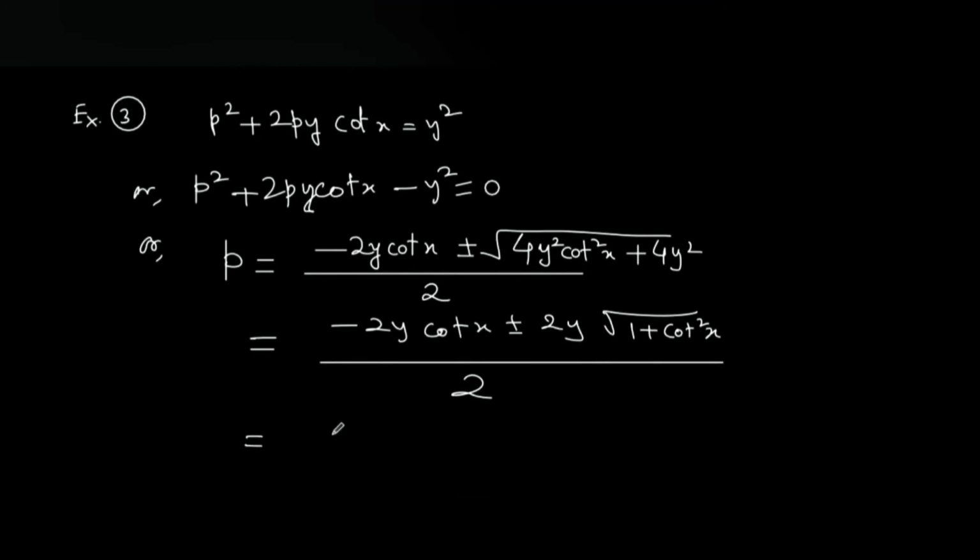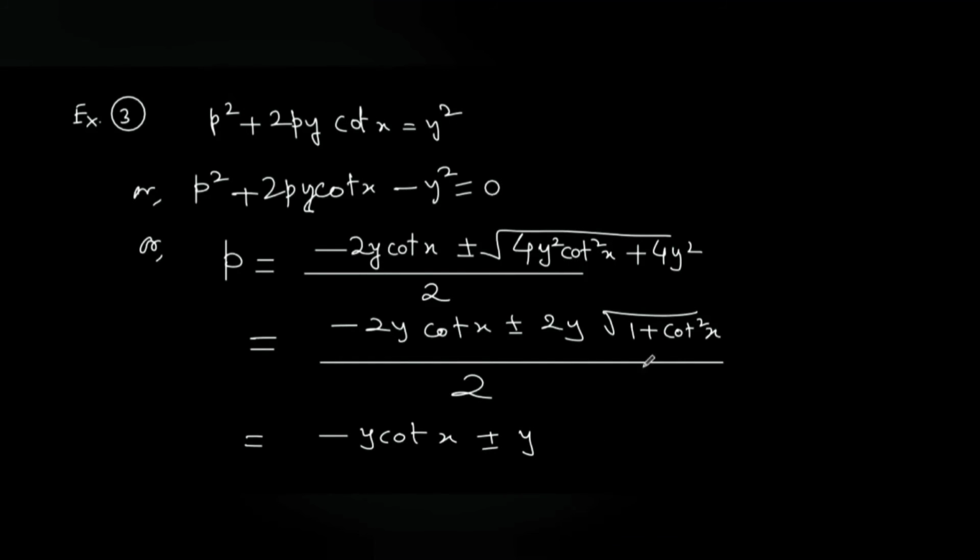So 2 gets cancelled, so negative y cot x plus minus y root over 1 plus cot square x, which is cosec square x, so that means cosec x.